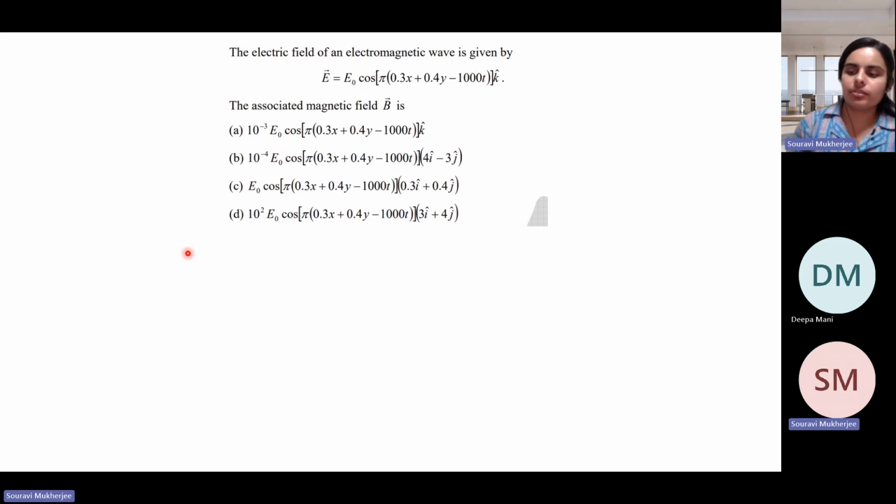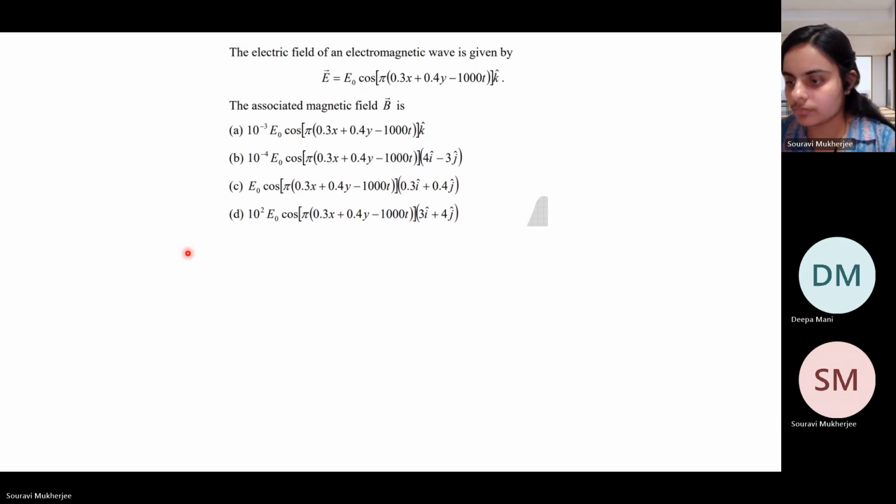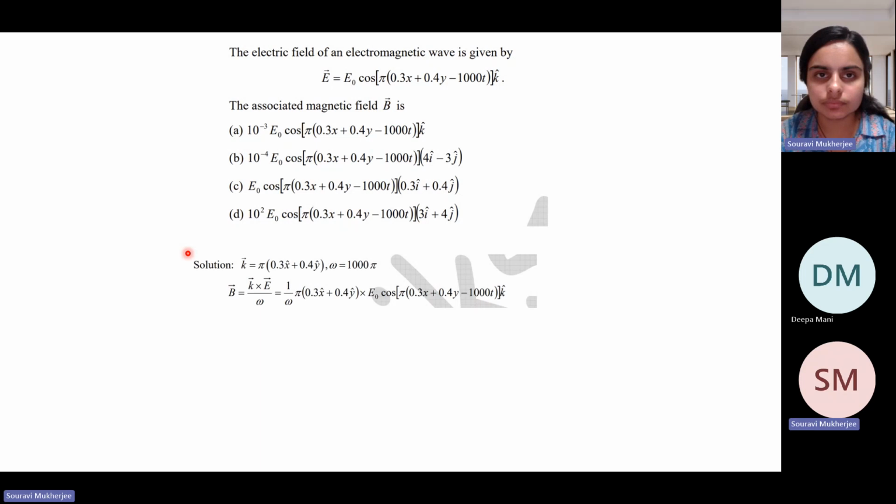So are you trying to solve it, or should I share the solution? Okay. So how do you find the wave vector, right?